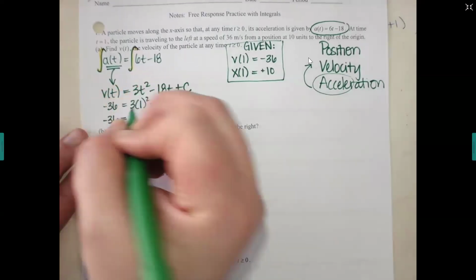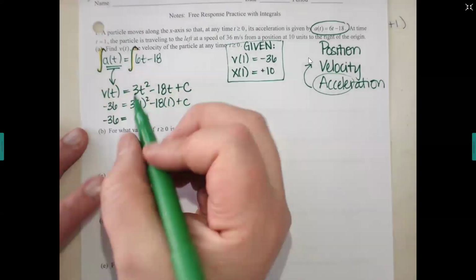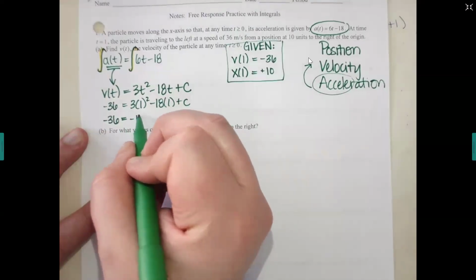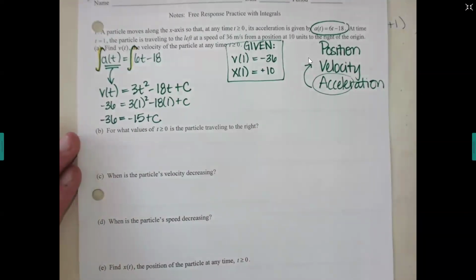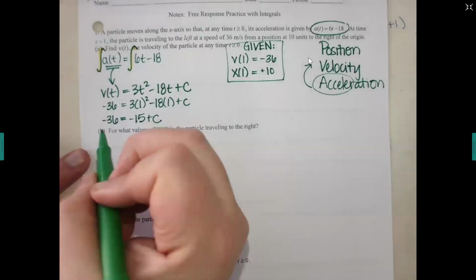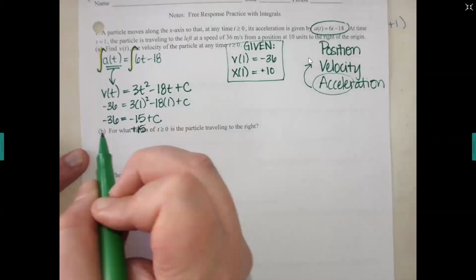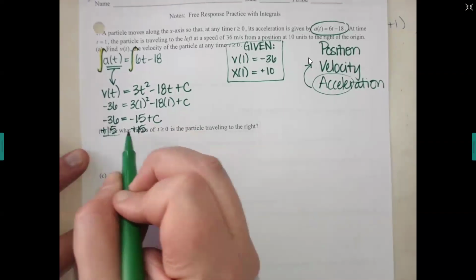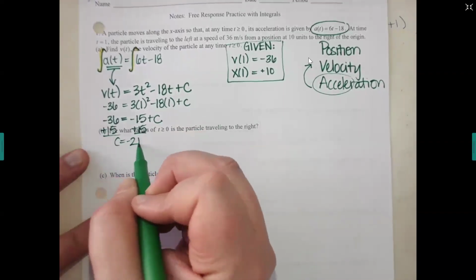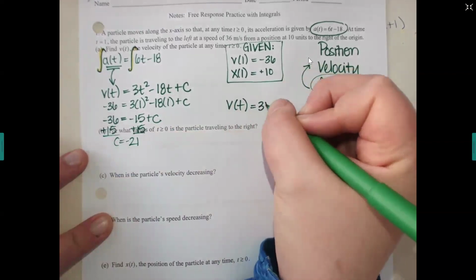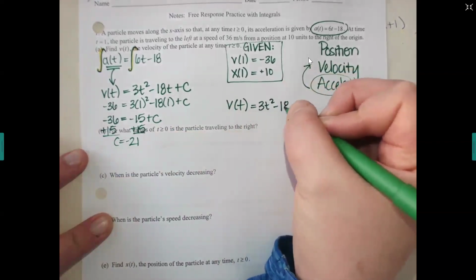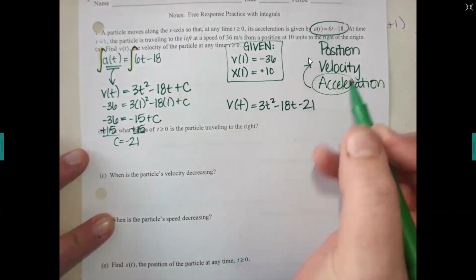What is 3 minus 18? Negative 15 plus c. And then if I add that 15 across, what will my constant be? Negative 21 is correct. Very good. So my velocity, I'm going to write it up here, is 3t squared minus 18t minus 21.